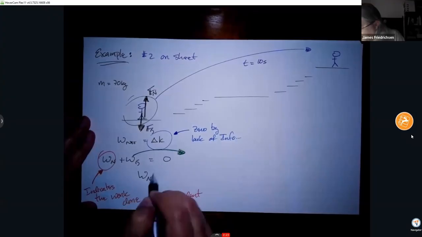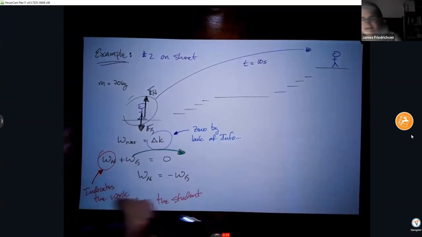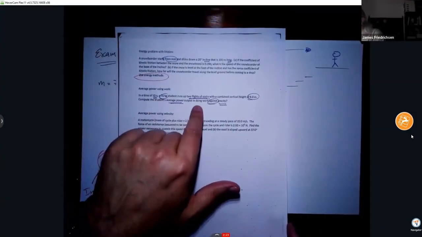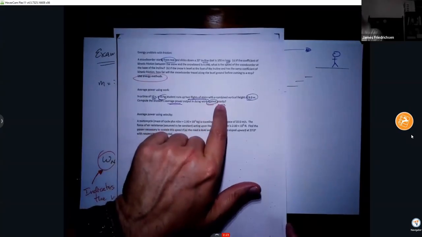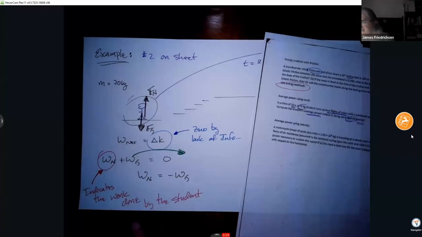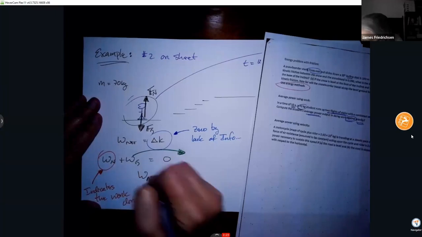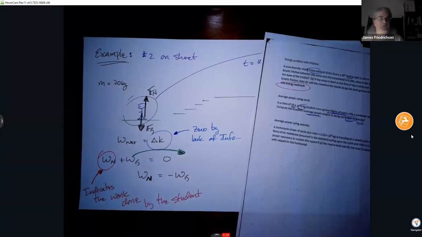So the work done by the quote unquote normal force is minus the work done by gravity. And this is the language in the problem, the power output in doing work against gravity. So this work is minus the work done by gravity. This is the work essentially exerted by the student, because the normal force in general will not cause you to climb stairs unless you're doing additional downward pushing on the floor to make it go up.